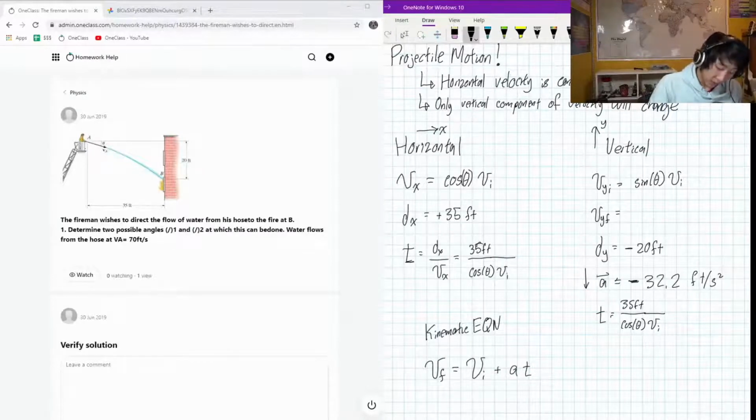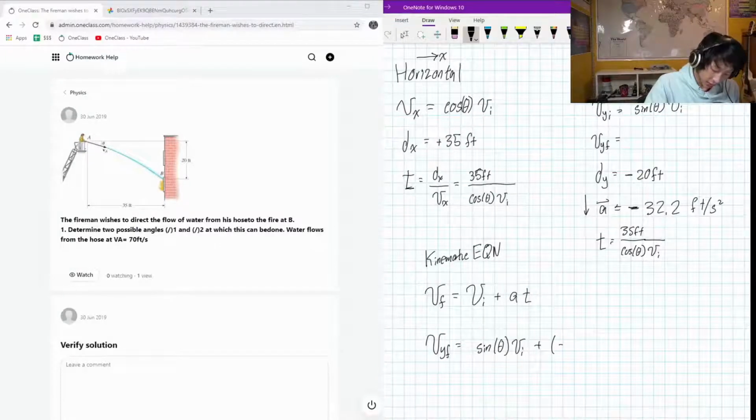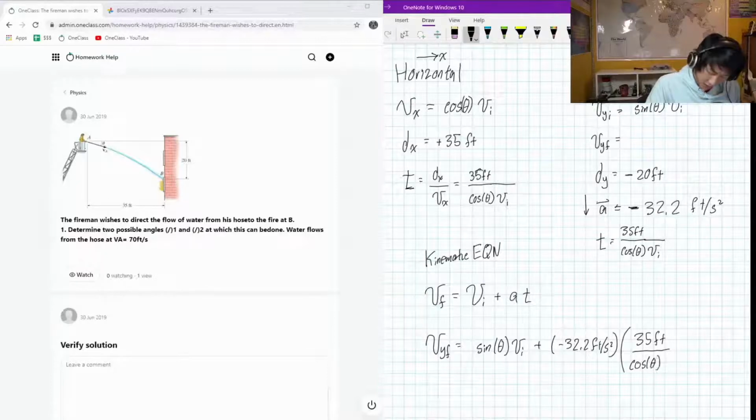So for the final y velocity, it's going to be the initial velocity, sine theta times Vi, and we know that was 70, but I'll keep writing Vi so we know where this comes from, plus a, in this case negative 32.2 feet per second squared, times time, which is 35 feet divided by cos theta Vi.